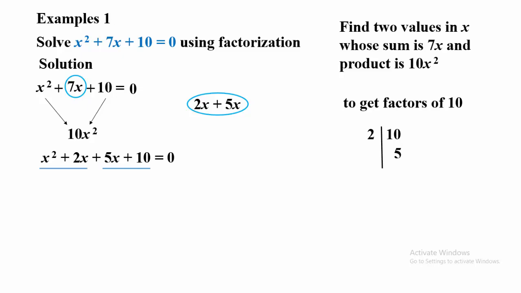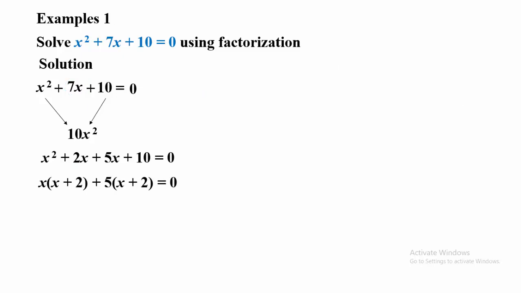When you factor x out, you have x open bracket x plus 2 close bracket. 5 is common here. When you factor 5 out, we have 5 open bracket x plus 2 close bracket. If you divide this by 5, we have x. If you also divide this by 5, we have 2. So we factor 5 out because 5 is common in these two terms.